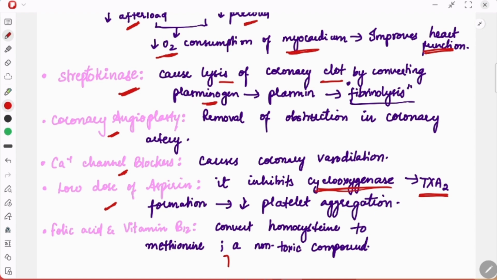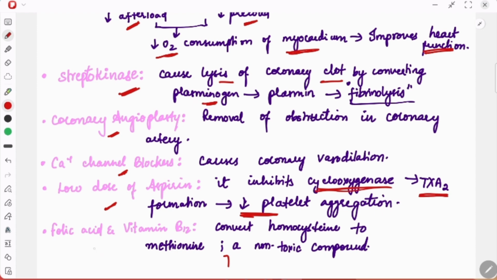Okay, so when you inhibit cyclooxygenase, it leads to decreased TXA2 formation that decreases the platelet aggregation. If there is decreased platelet aggregation, then there is lesser obstruction. The obstruction will be lesser, or it can reduce the causative agents that are causing the obstruction. Okay, that's why the aspirin has to be given in the lesser dose.